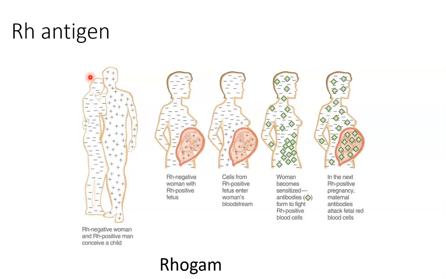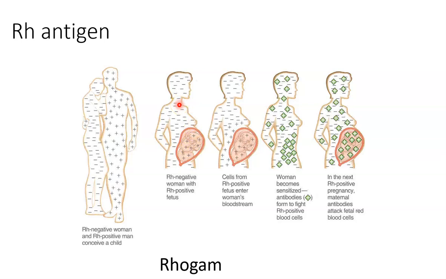So here's the concern when you have an Rh negative female and an Rh positive male. They make a little baby. Chances are, what blood type is that child going to have? By the 85% rule, the majority of children that they conceive are going to be Rh positive. So during fetal development, during pregnancy, you have a baby that has Rh positive blood in the mother that has Rh negative blood.